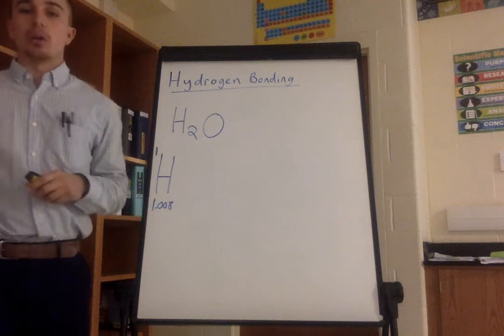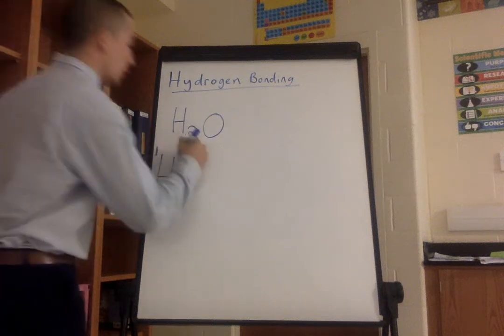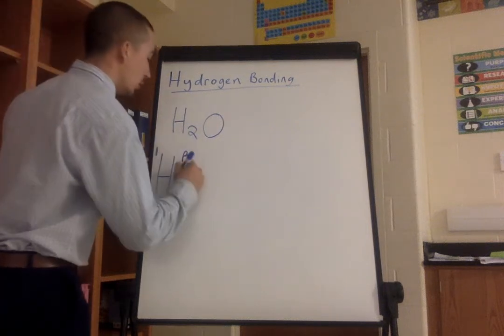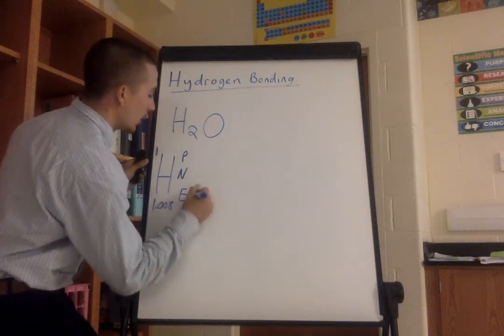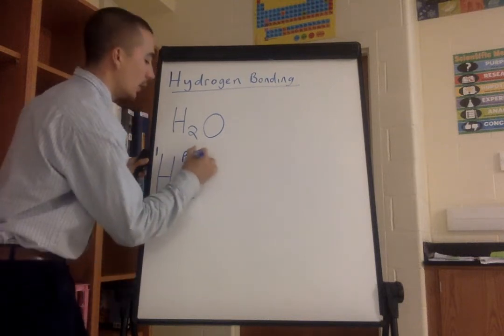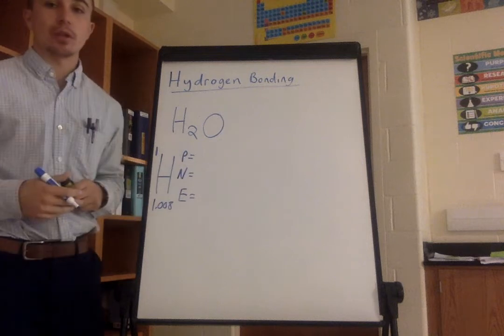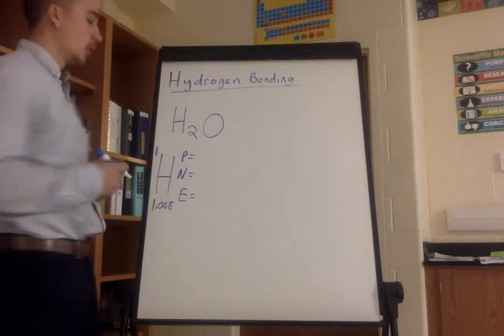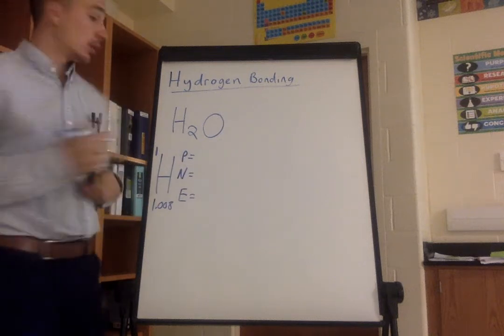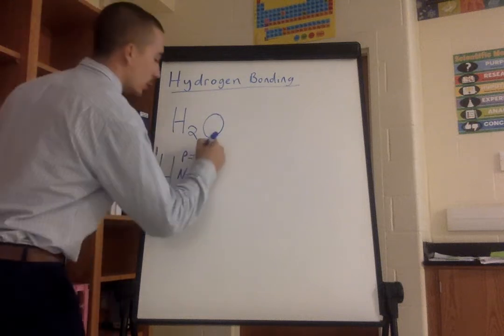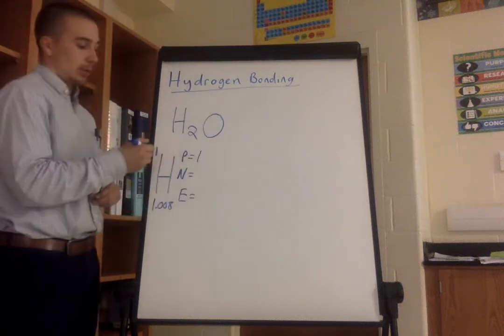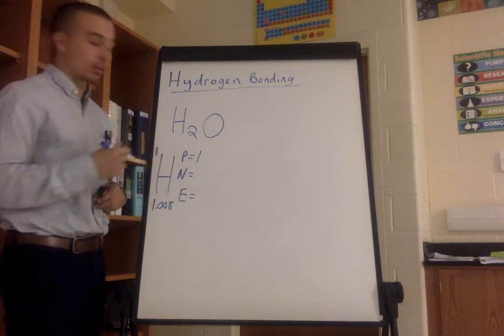So we need to figure out the protons, the neutrons, and the electrons. I represented that with P for protons, N for neutrons, E for electrons. Perfect. So next, how many protons? We know the protons are the same as the atomic number. Because the atomic number is 1, protons are 1.